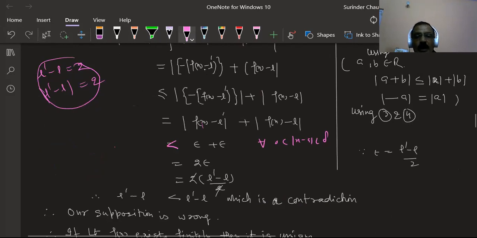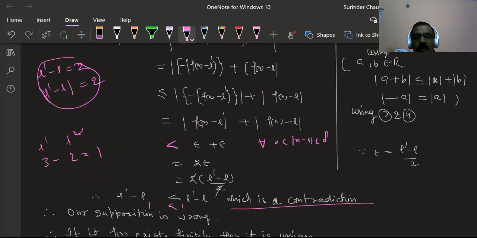Now this is a contradiction. The difference of two numbers being less than itself is not possible. Suppose L' is 3 and L is equal to 2. Then 3 minus 2 is equal to 1, and one can't be less than 1.